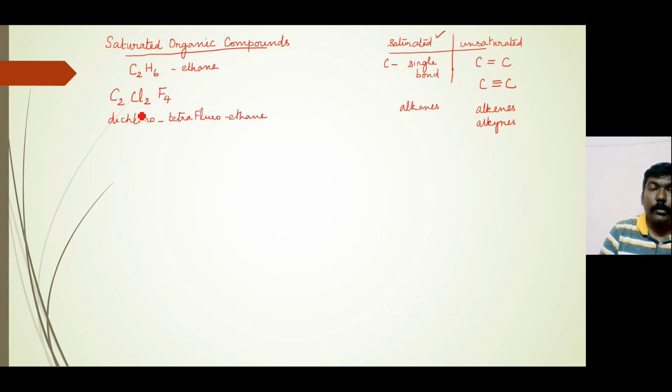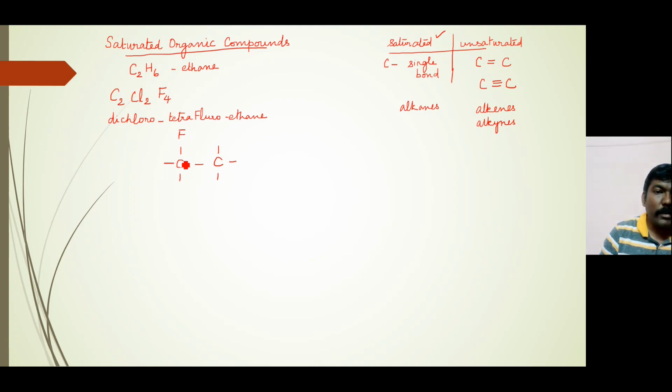To identify whether it is a saturated organic compound or not, let me give the structure. One bond is there between the two carbon atoms, so you have three more bonds available on each carbon.